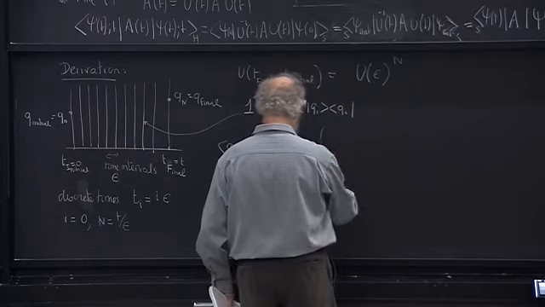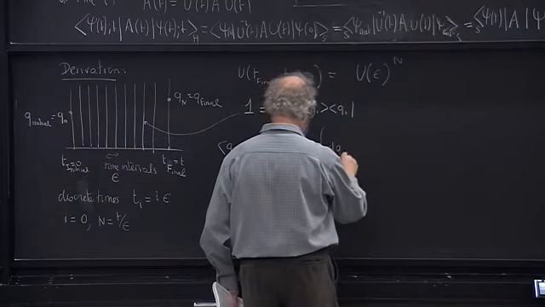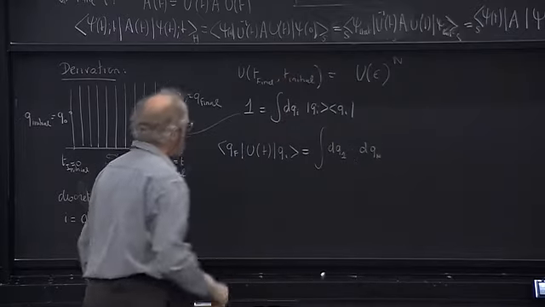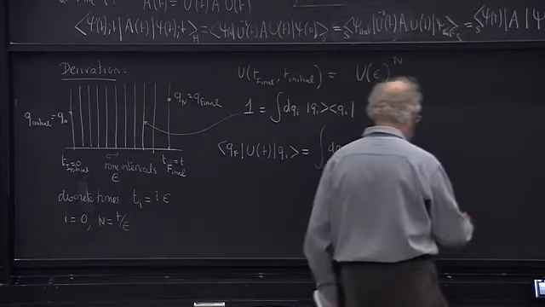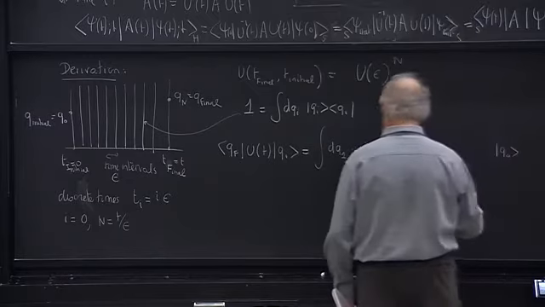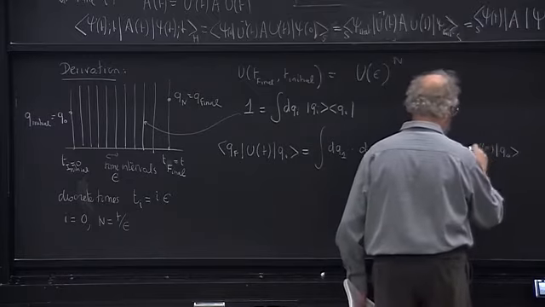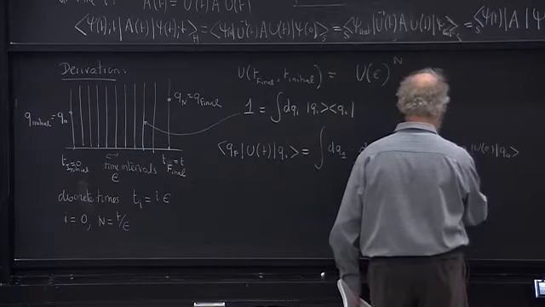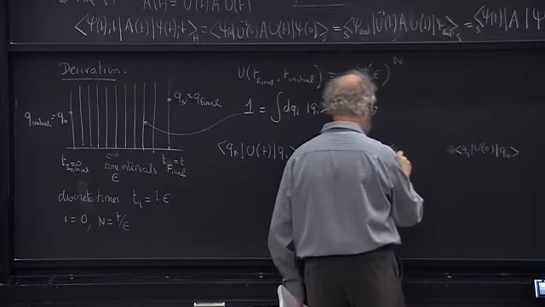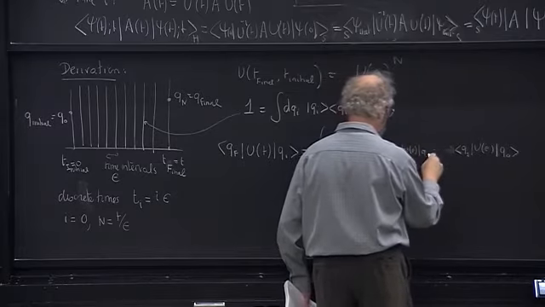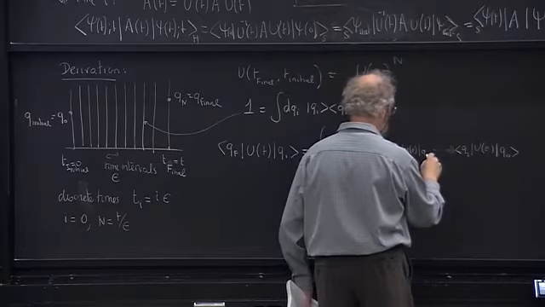So you have an integral over dq_1 up to dq_{n-1}. And then you have a product of matrix elements where you start from q_0, you have <q_1|U of epsilon|q_0>, and then you go up to the end, where you have <q_n|U of epsilon|q_{n-1}>.